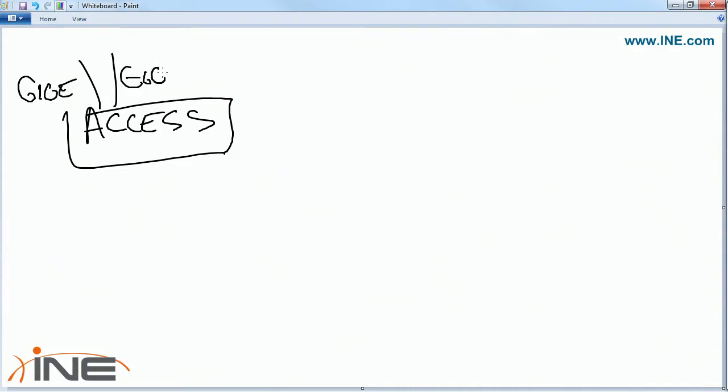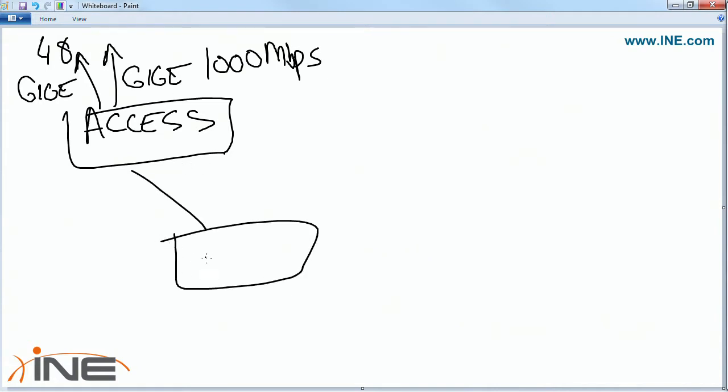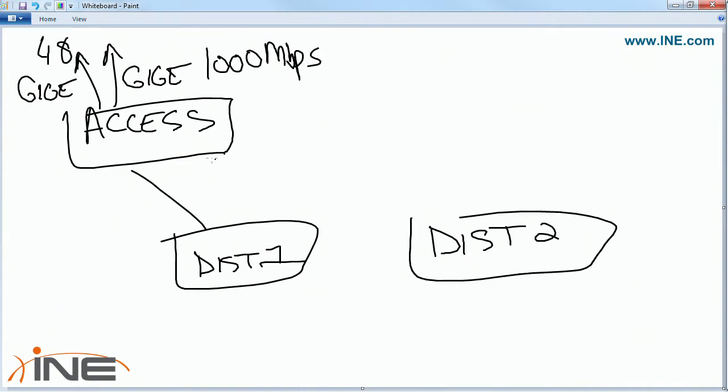If the hosts are gigabit attached, which means they can send at 1,000 megabits per second, or 1 gigabit per second, and I have 48 ports facing downstream towards the end hosts, then when I connect up to my distribution switches, let's say distribution switch 1 and distribution switch 2, I potentially have 48 gigs of bandwidth going down to the access layer. It doesn't make sense that these uplinks would be Fast Ethernet, or maybe even single gig Ethernet.